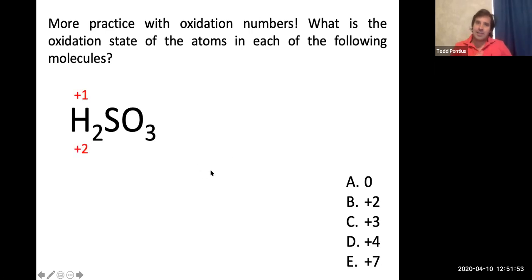So hydrogen is contributing an overall charge of +2. Oxygen, on the other hand, is typically -2 for a total of -6. So that means that the sulfur here must be +4 because everything has to add up to 0 when it's all said and done.